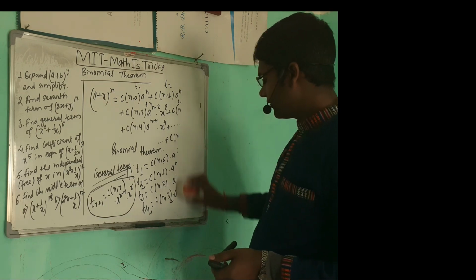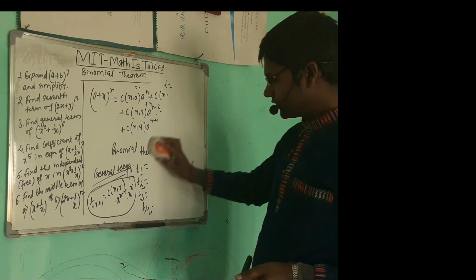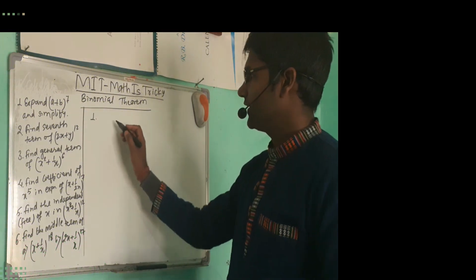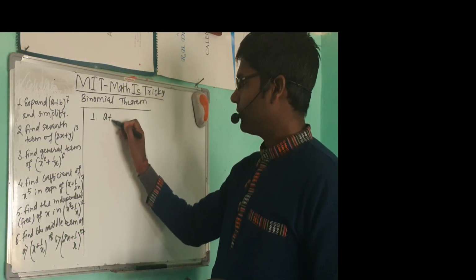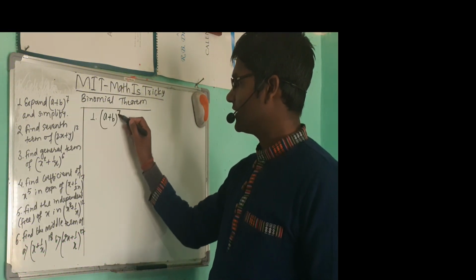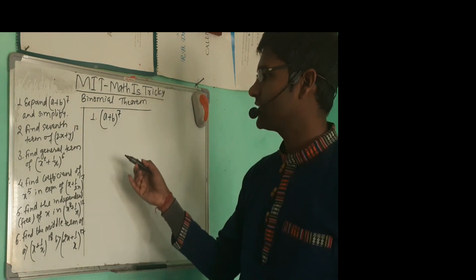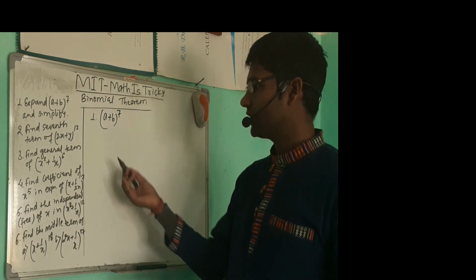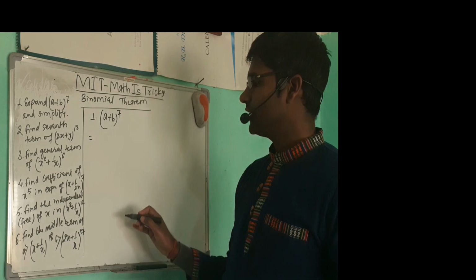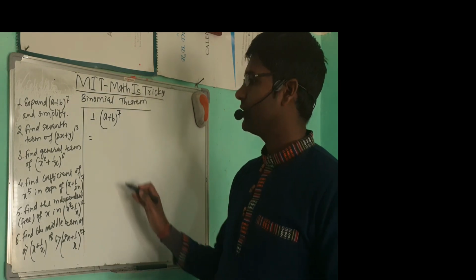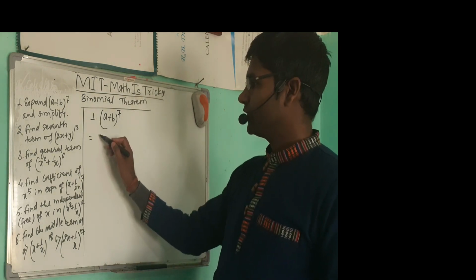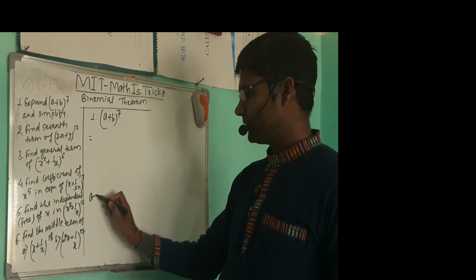Okay, now let me solve the problem. Hope you understood this. Now we have to expand (a + b)^7 and simplify it. Similarly we can solve other problems. If you remember the formula, it will be very easy for you. Let me write and explain it.